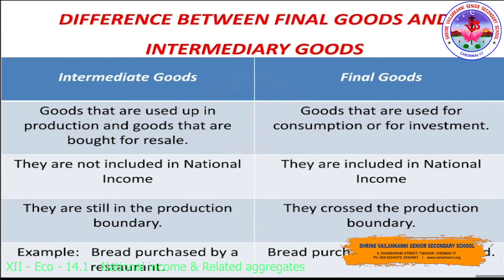Intermediate goods are still within the production boundary. Final goods have crossed the production boundary. Example of intermediate goods: bread purchased by a restaurant. Example of final goods: bread purchased by a household. So these are the differences between final goods and intermediate goods.